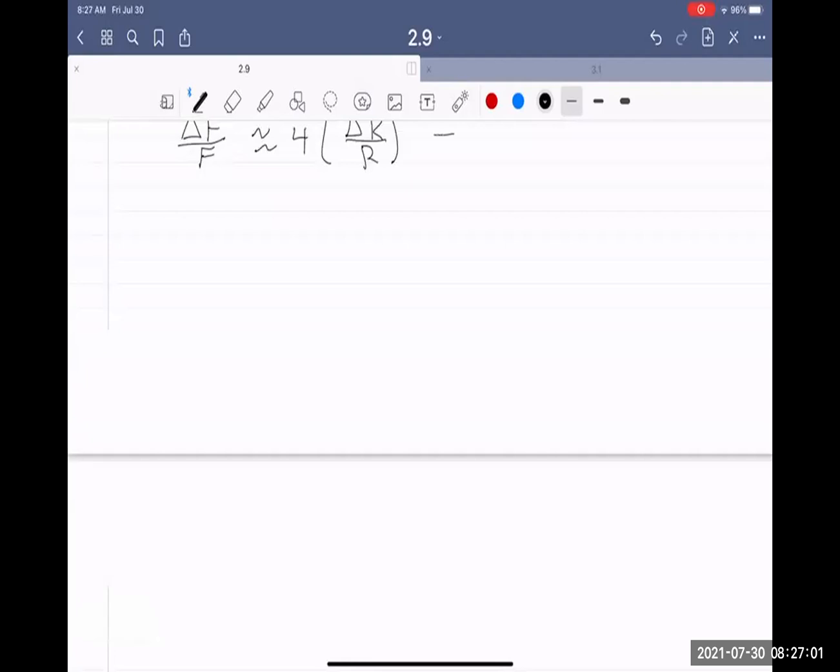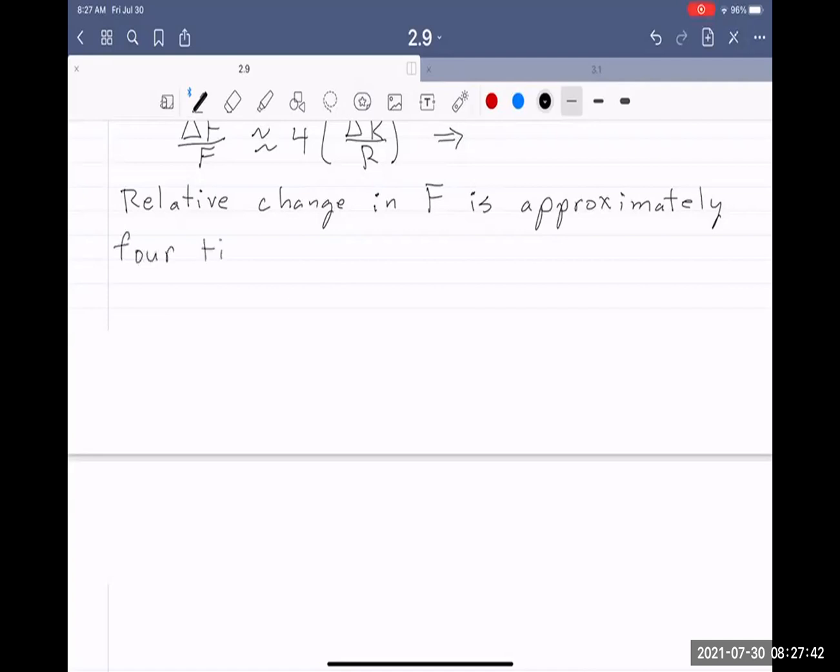So the relative change in F, in the flow, is approximately 4 times the relative change in the radius.